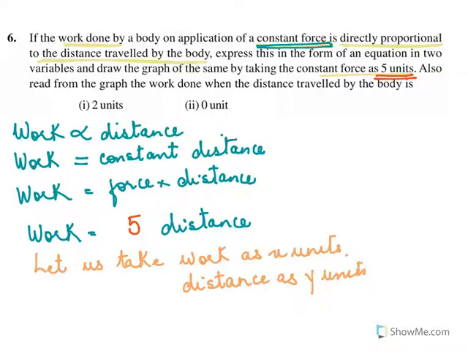So now we will get work equal to 5 into distance. That means, not W, we took work as x, so we're going to take x equal to 5, and we took distance as y. So this is our equation, and we need to plot this equation, x equal to 5y.